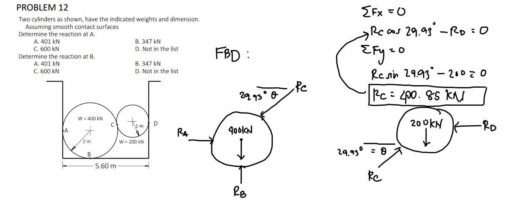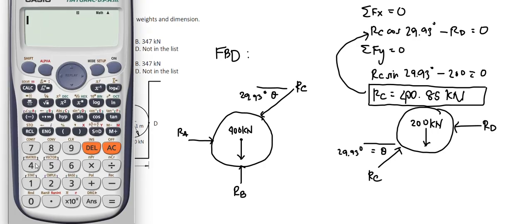We can solve directly for RD. So RC, 400.85, cosine 29.93 degrees minus RD is equal to 0. Oh wait, this is cosine. RD is equal to 347.39 kilonewtons.